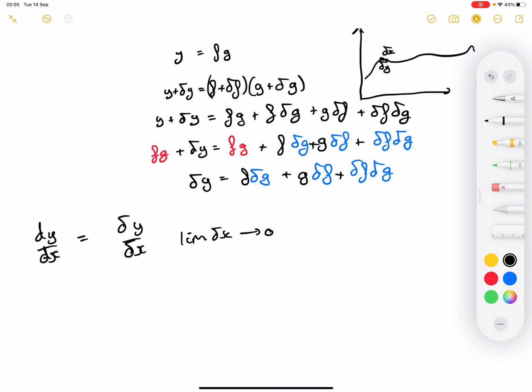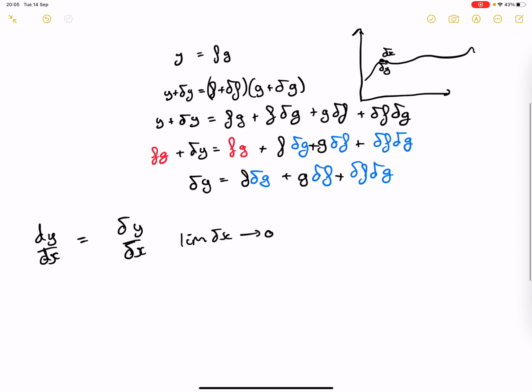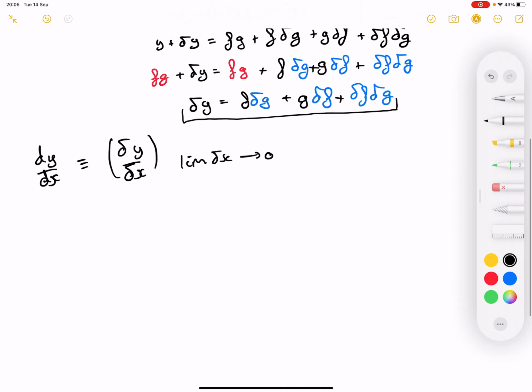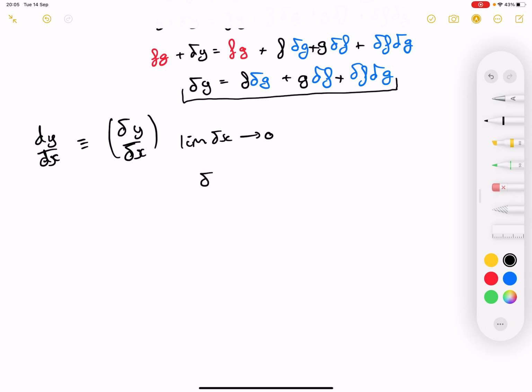So as delta x tends to 0, these two expressions become identical. So what I'm going to do is I'm going to divide this whole expression by delta x.